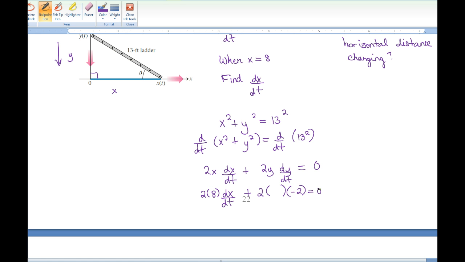But if we know the triangle is 13 here and 8 here, could we figure out what y is using Pythagorean theorem? So go ahead and figure out what y is equal to. It's the square root of 105.